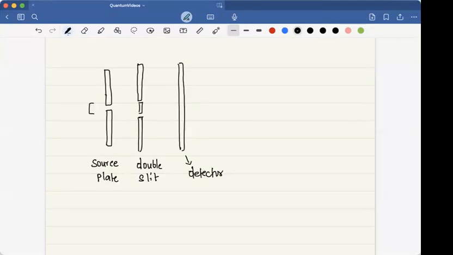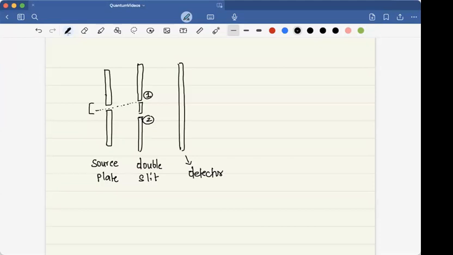Okay, and then let's say you have some particles like bullets that are emitted from here, and they are indestructible particles. So either they could go through hole number one or hole number two over here. And then the detector is able to detect the particles.